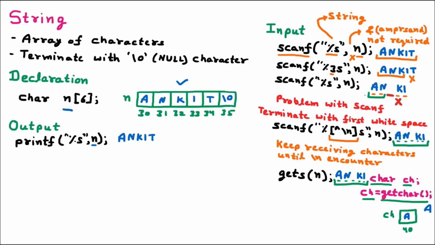So by using %s we can display the string. With %s we can also use certain values. Let's suppose we use the percentage and the s, and in between, I provide a dot. Before the dot we can provide a value, let's say 10, and after the dot let's say the value is 3.